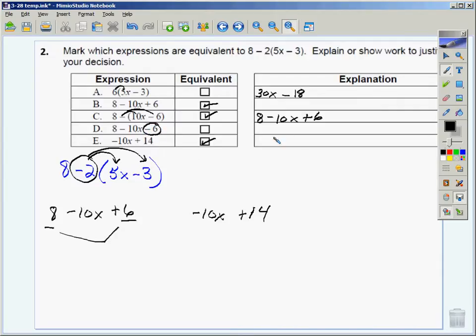It's a negative 6. So if I simplified this, this would be a negative 10x plus 2, and it's not going to be equivalent. Everybody remember simplifying expressions? Remember, when you're simplifying expressions, it involved the distributive property, and it involved combining like terms. Pretty good with example 2.